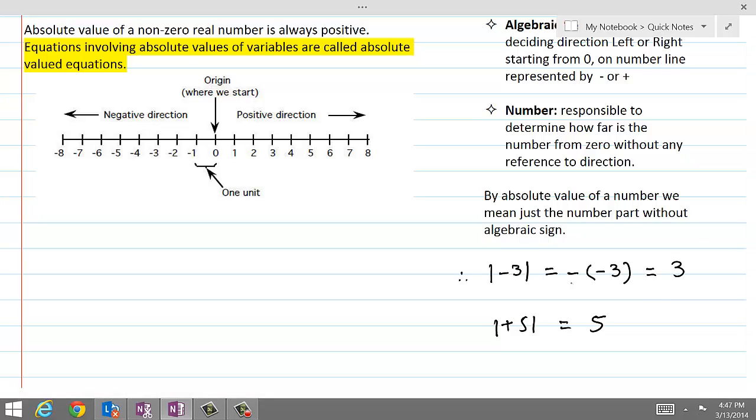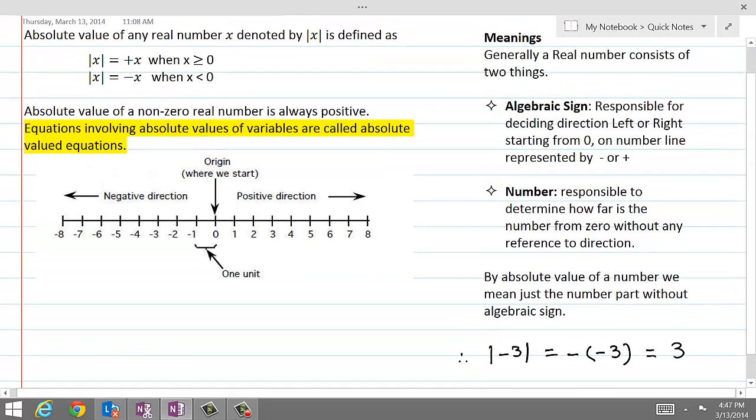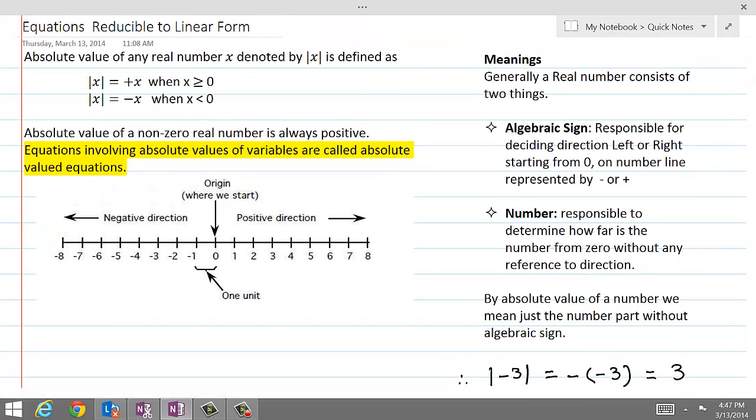And for positive numbers, we just place the number itself. This is what is reflected in the definition here, that x mod is equal to simply x when x is positive, and it is equal to minus x when x is negative.